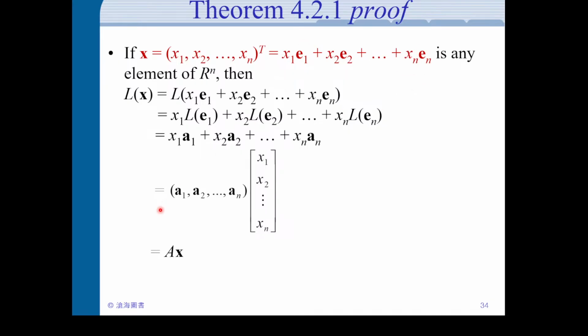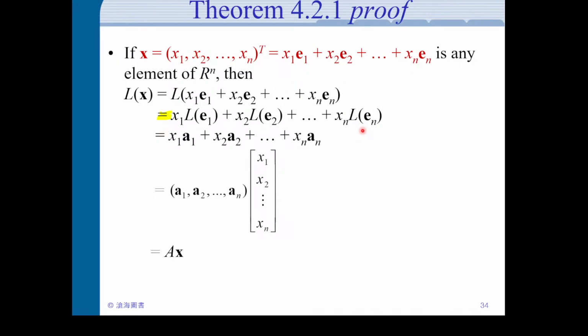Then L of x will equal L of this linear combination, and on the second line we use linearity. L of x equals x1 L of e1 plus x2 L of e2 all the way to plus xn L of en. Here we use the linearity of our mapping. You have a linear combination of standard basis, then you have a linear combination of the mapping of standard basis.